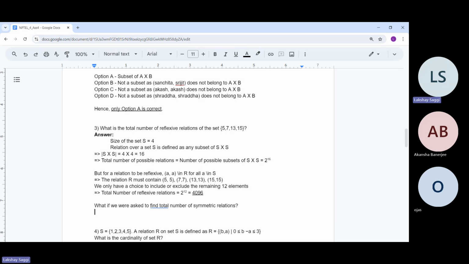Any guesses? Instead of the total number of reflexive relations, we had to find the total number of symmetric relations.